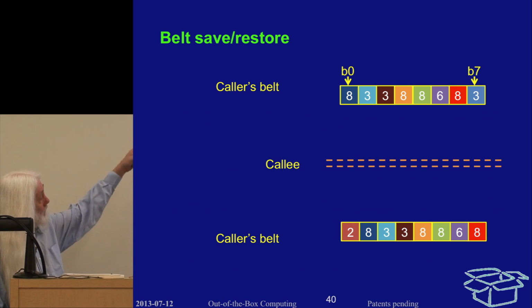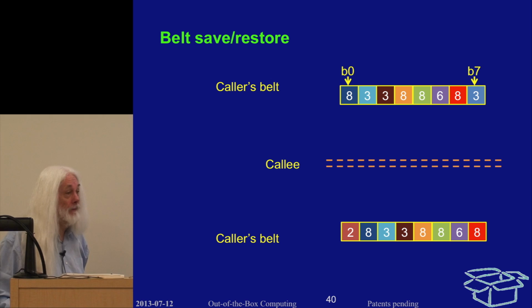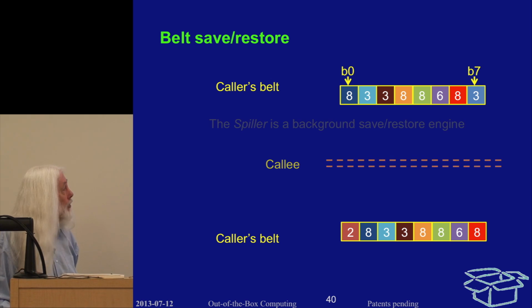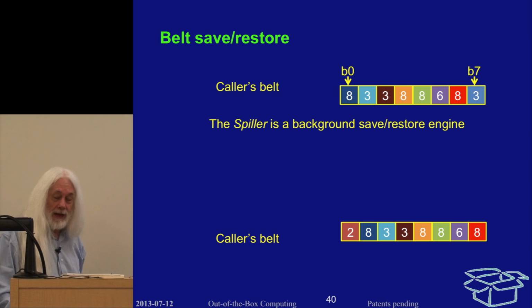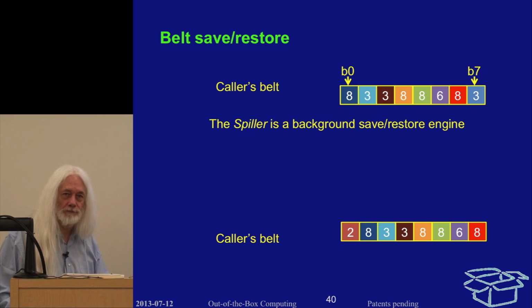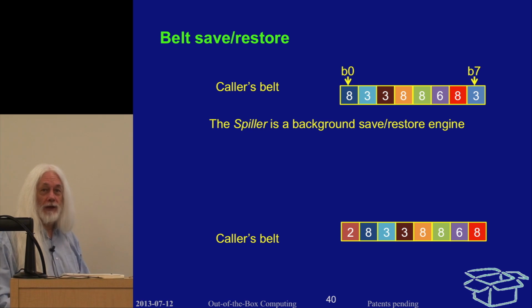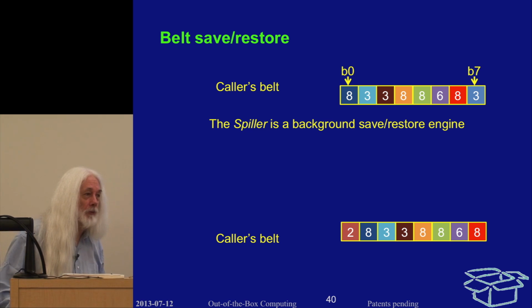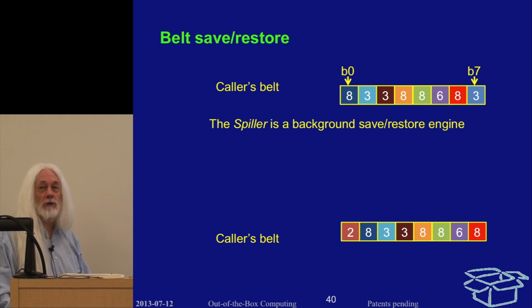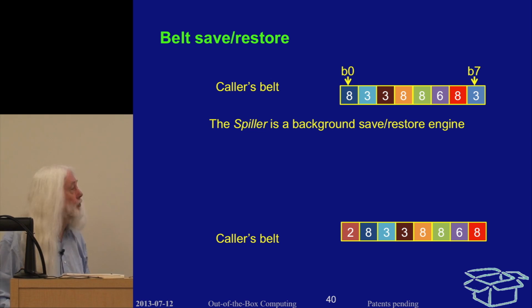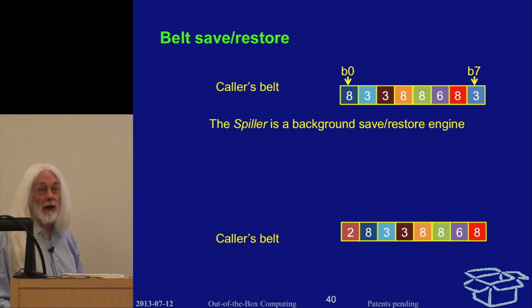Now, I said that the former belt magically reappears after the call. That magic is called the spiller. It is a background engine that does the save and the restore. We didn't invent this concept. Those of you who are familiar with the Spark architecture and register windows, or similar engines in the Itanium or whatever, the important thing is that you don't have to program it.